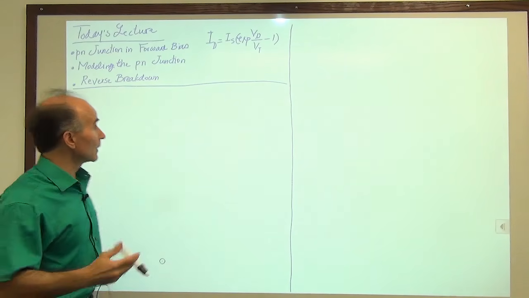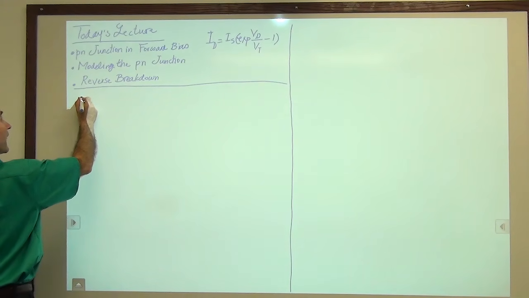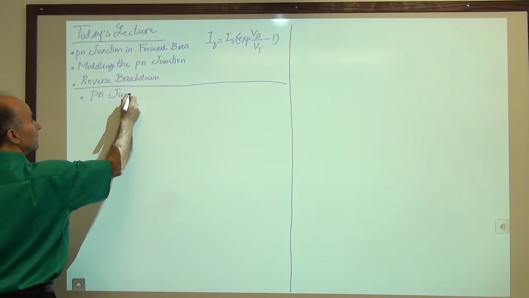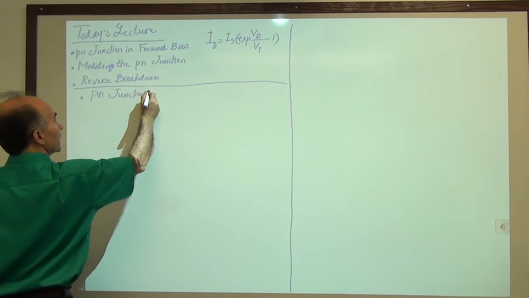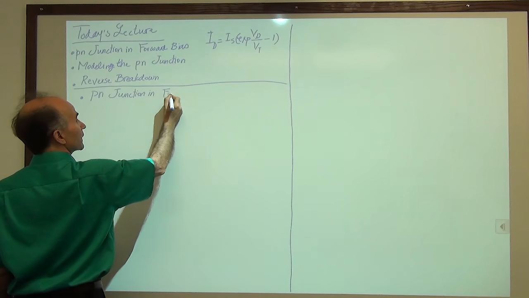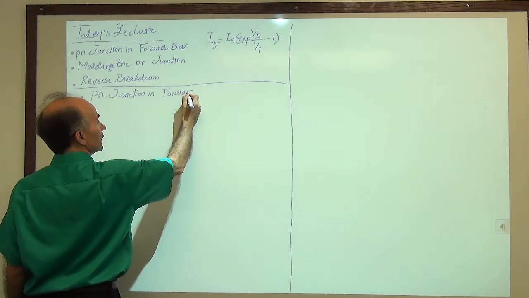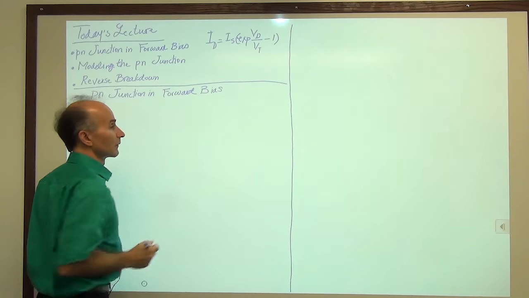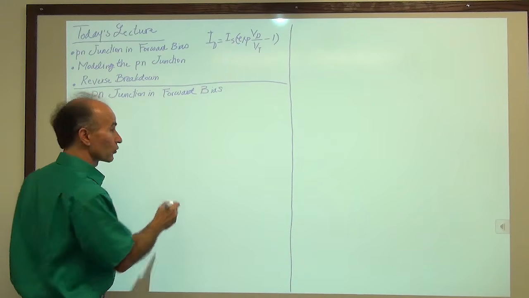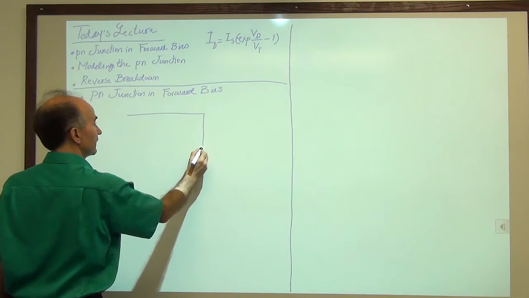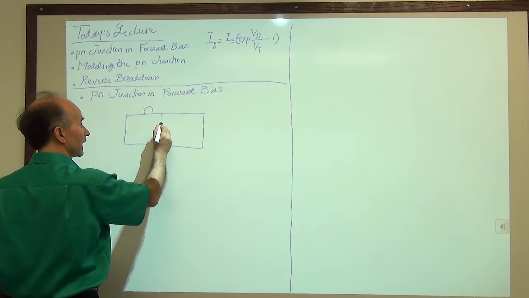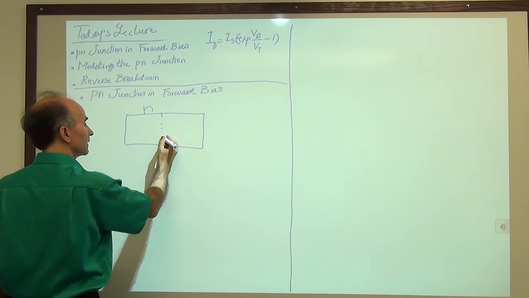Okay, so let's look at the Pn junction in forward bias. Well, we take a Pn junction as usual. So here's our Pn junction, N on the left, for example, and P on the right.